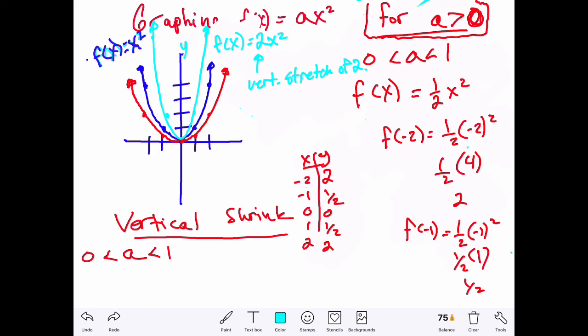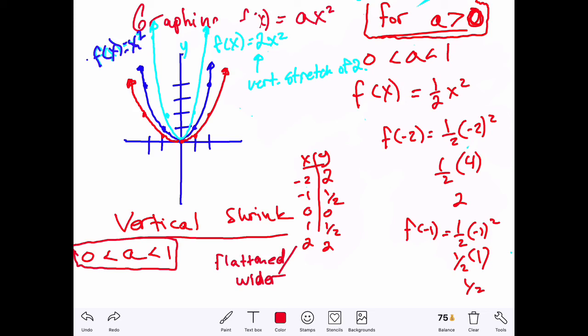Now, what happened here with vertical shrink in red? Vertical shrink, which is defined by an a coefficient of less than 1 and greater than 0, pulled it away from the y-axis. In other words, it kind of flattened it and made it wider.